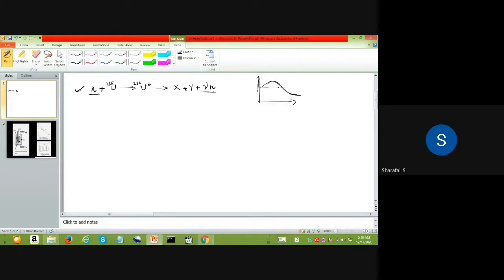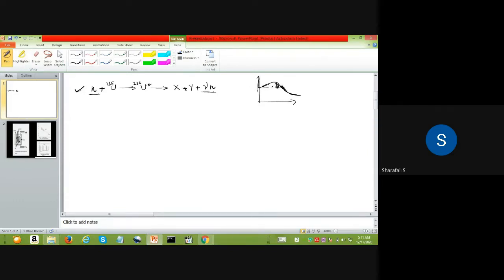This is not the exact curve, but it will be almost like this. This energy is the activation energy, which has to be overcome by the nucleus.